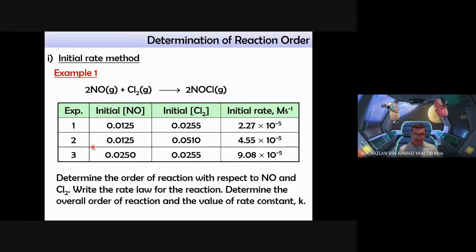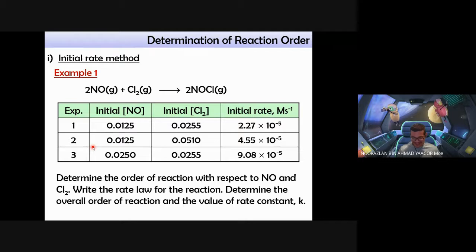Oliver, what is the order of reaction with respect to NO? And also with respect to Cl2. One is for whom? For Cl2 or NO? One, two. Who is one and two? Please be specific.